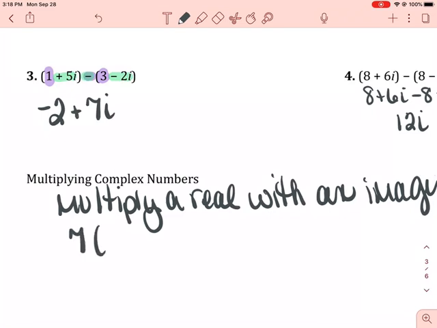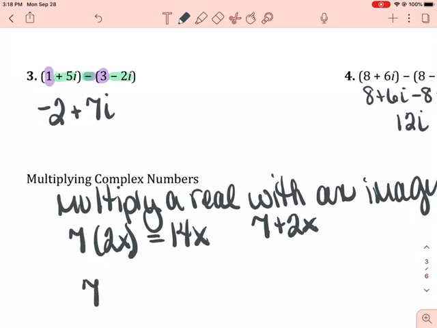Just like if I did 7 times 2x, we would get 14x. But in adding and subtracting, we would just leave it as 7 plus 2x. So think of it that way. If I'm going to do 7 times 2i, we would get 14i. So we can multiply the numbers.